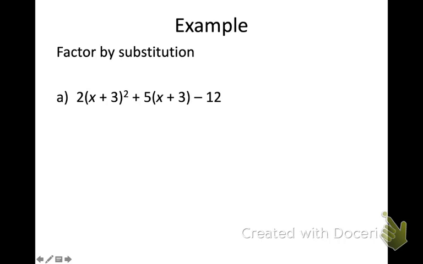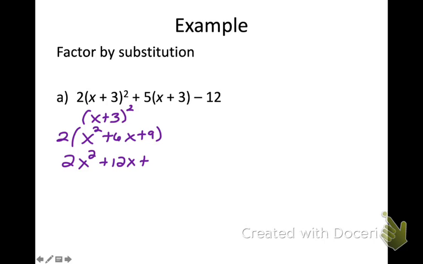Now just watch. Don't do anything. Don't write this down. What you could technically do is expand that x plus 3 squared to x squared plus 6x plus 9, and then multiply that by 2 to get 2x squared plus 12x plus 18. My 5 distributes to 5x plus 15, and then minus 12.